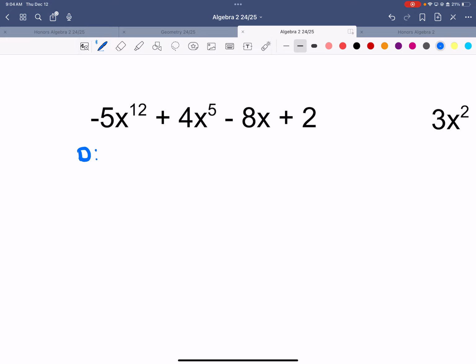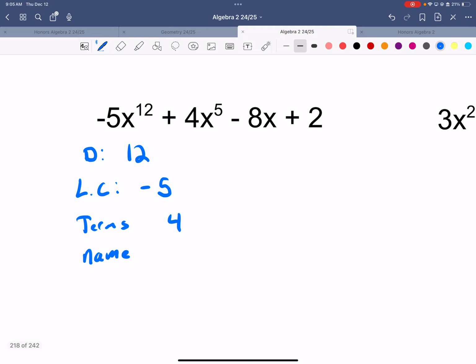What degree is it? 12th degree. Our leading coefficient is negative 5. Number of terms: 4 terms. So if we name it, we just say it's a 12th degree polynomial with 4 terms.